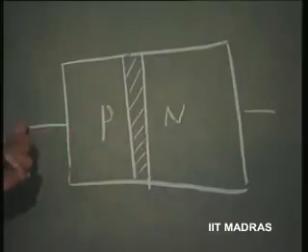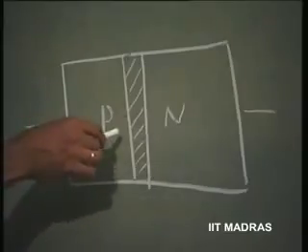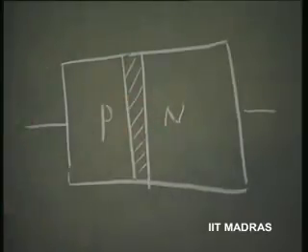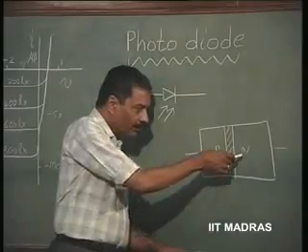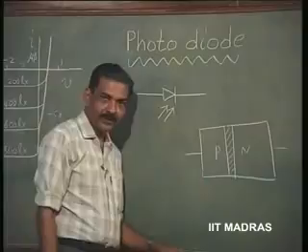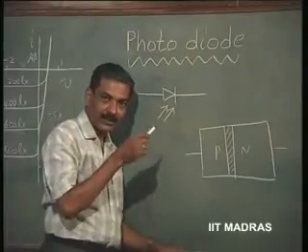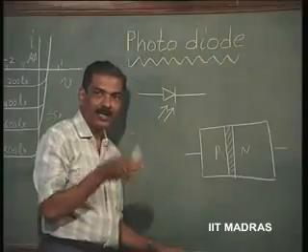This minority carrier flow obviously will increase if this hill for the majority carrier increases, but there is only a maximum limit because these are all saturation value corresponding to the saturation current it will reach. Ultimately the current when it is reverse biased will be flowing only because of this kind of current due to minority carriers. This is called the reverse saturation current or leakage current, and that gets saturated at a value Is for the diode.